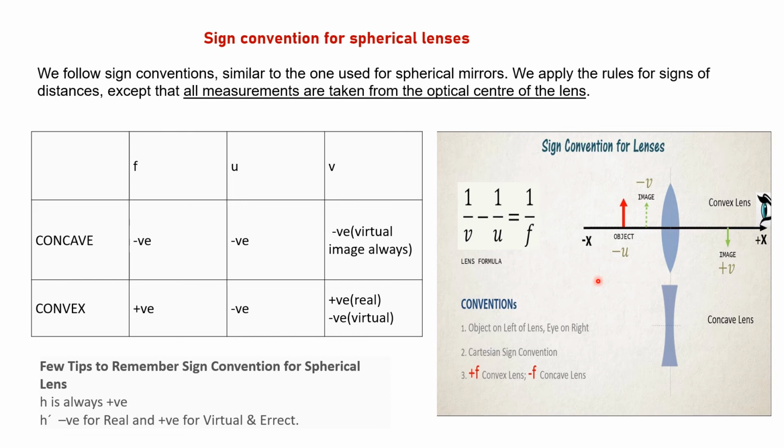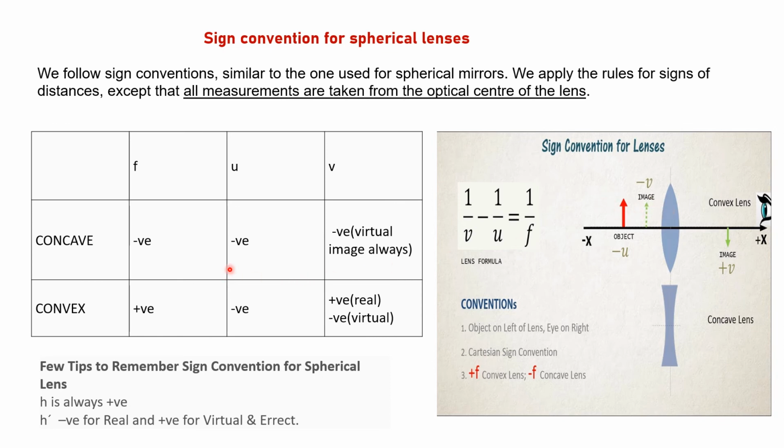Okay, now let's see the summary. In concave lenses, the focal length is negative. In case of convex lenses, the focal length is positive. Right, u is the object distance, which is always negative, because the position of the object is always on the left hand side of the lens, right?